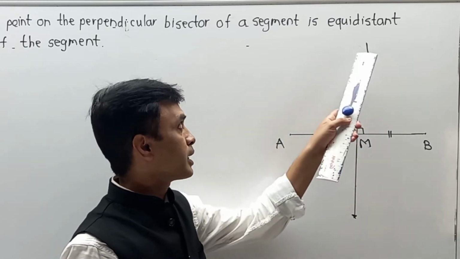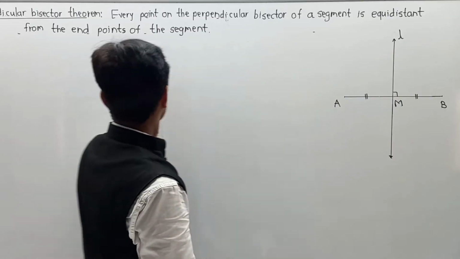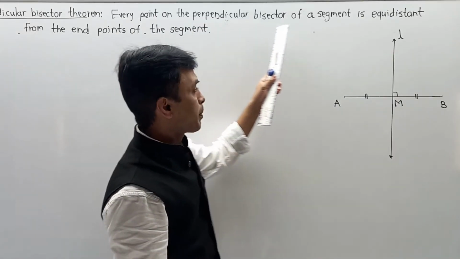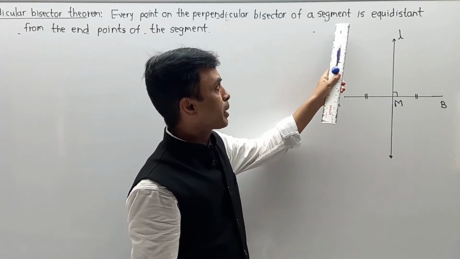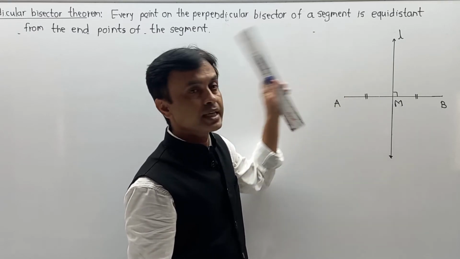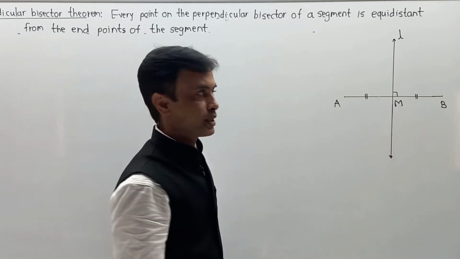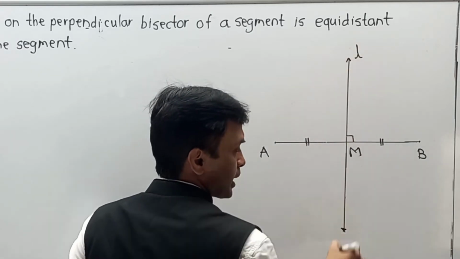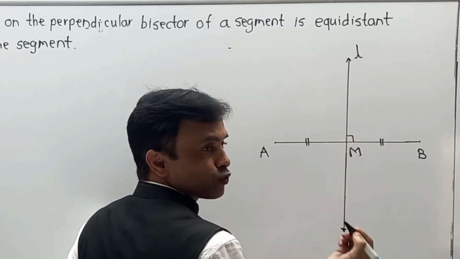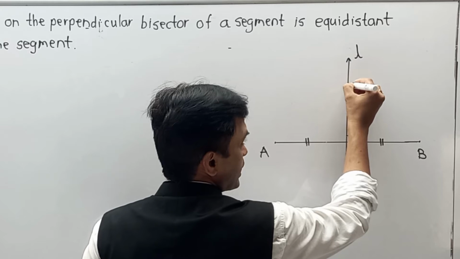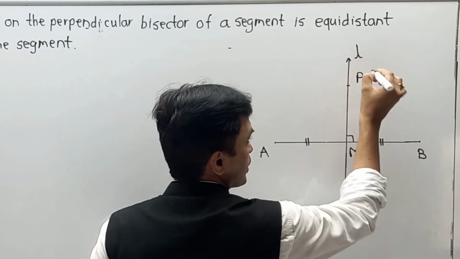Now what exactly do we have to prove? As per the statement, every point on the perpendicular bisector is equidistant from the end points of the segment. So every point means on line L you can take any point. It is true for all the points. Just for highlighting, I am going to take a point P over here.